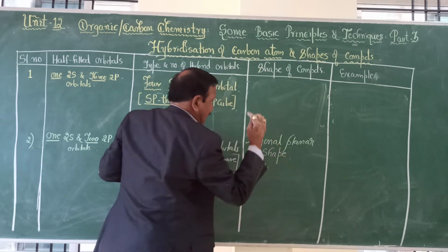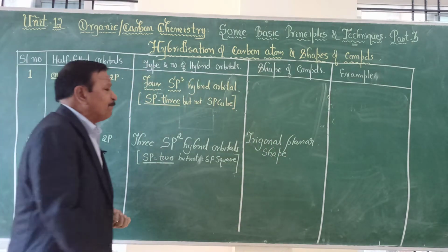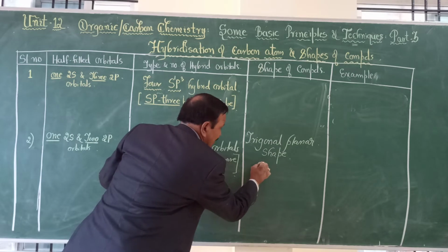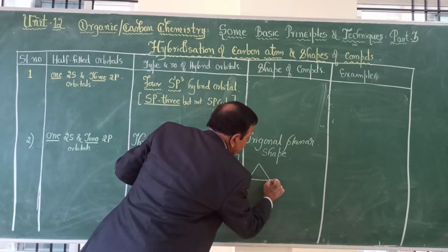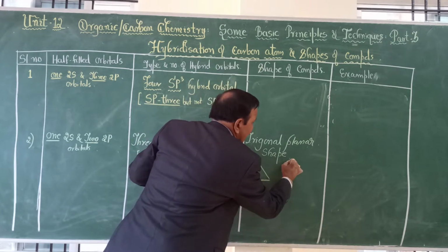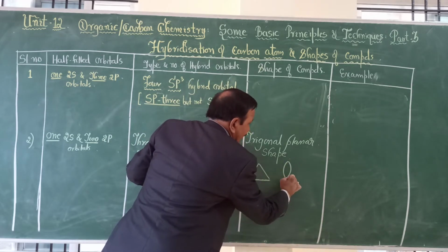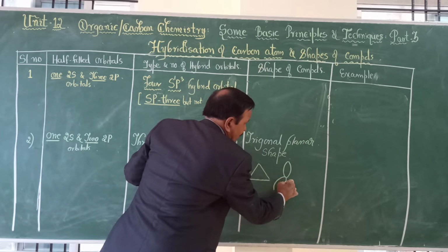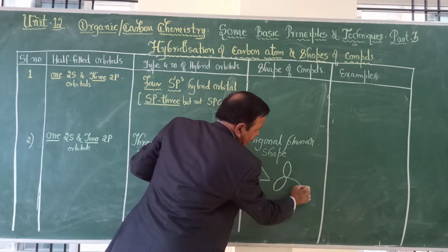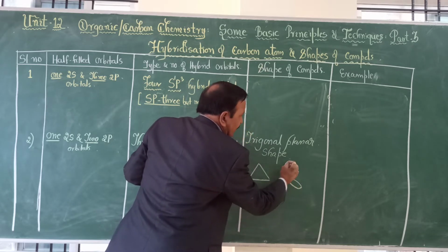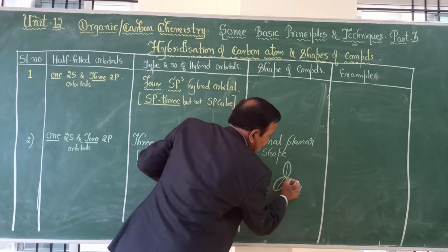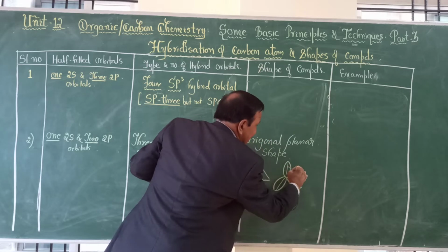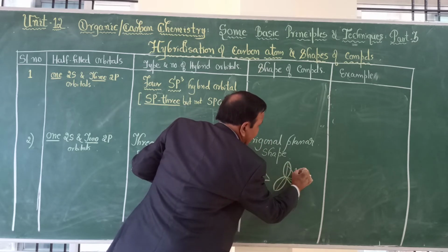What is the meaning of trigonal planar shape? You will have a simple triangle in the plane, just like a triangle. So this is triangular planar, and this angle is found to be 120 degrees.